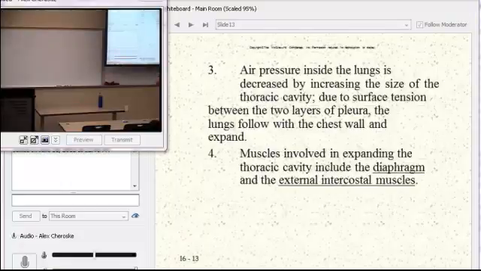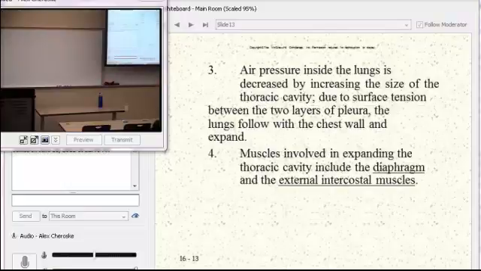When you contract the external layer, it brings the rib cage out this way. So the diaphragm contracts and goes down here, and the external intercostal muscles contract and spread the rib cage out this way. Now we increase the cavity this way and this way, we create a bigger volume, and the pressure is going to go down.